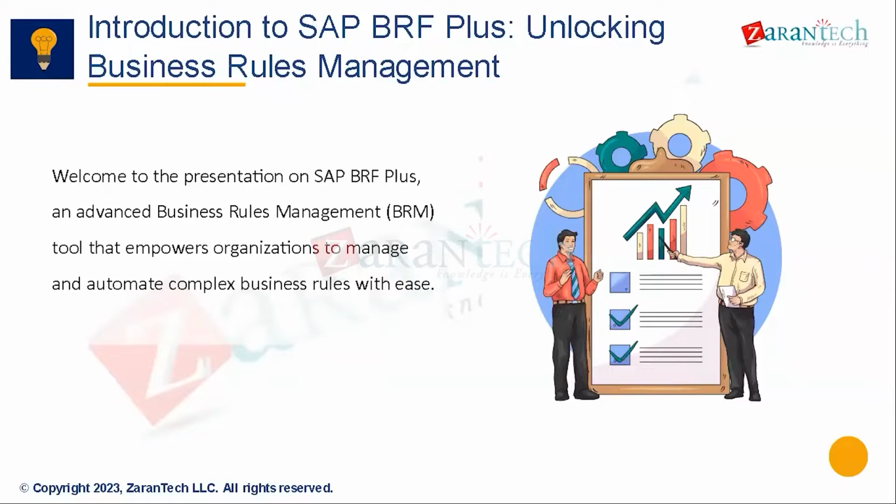So initially, all the policies and business rules were paper based. But organizations were facing the issue of how to implement those rules in the system. So SAP came up with a solution, like managing TMGs, table maintenance generators.